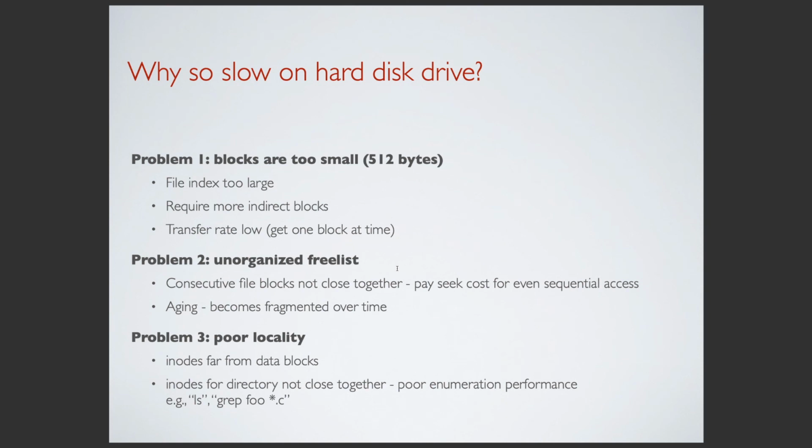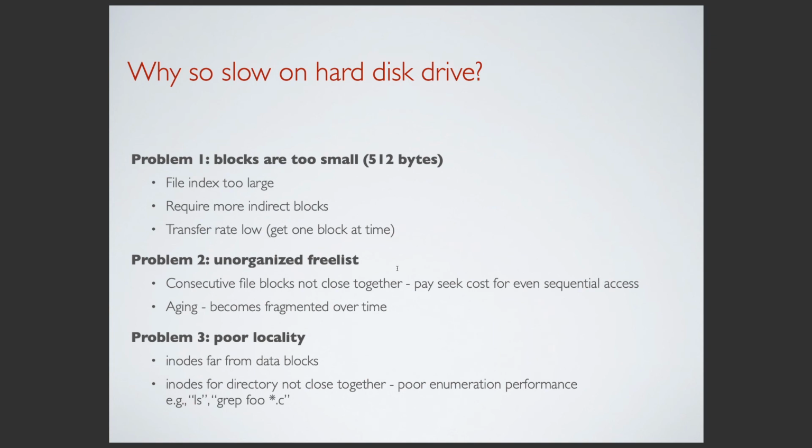So that's why it's poor locality. The inodes are far from data blocks. The files from the same directory are not close to each other, and so on and so forth. And that's bad, because that means the disk is doing a lot of seek time, seek operations. We have seen that two weeks ago, in week 7.